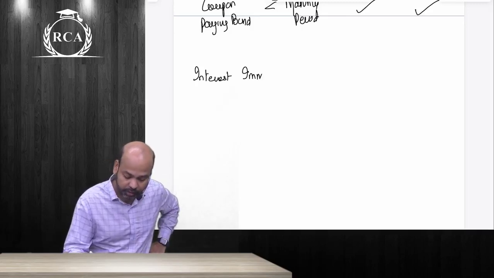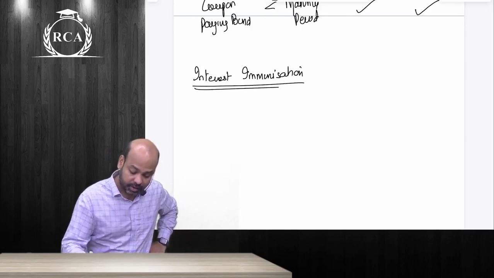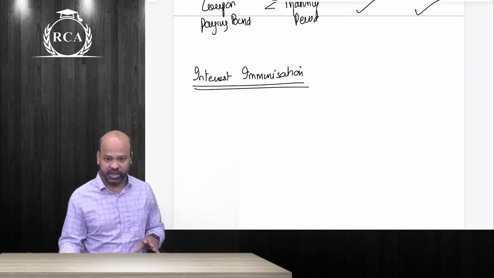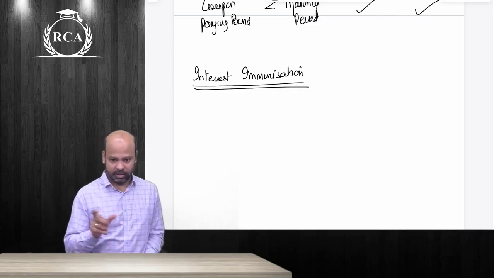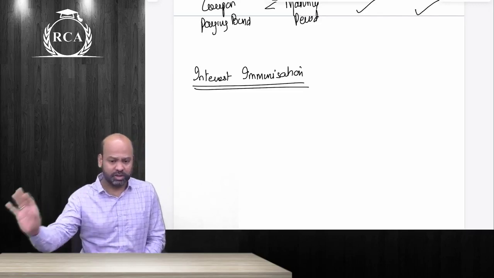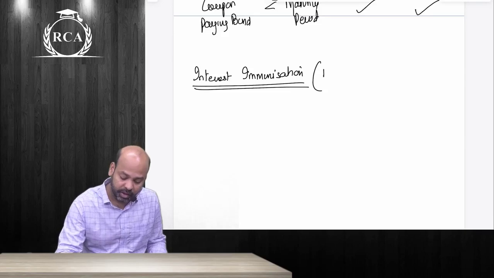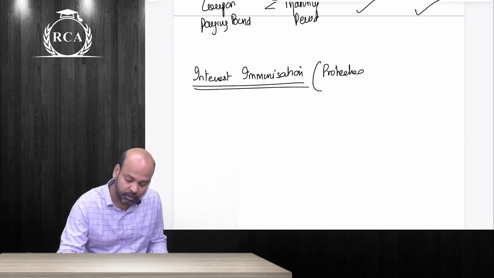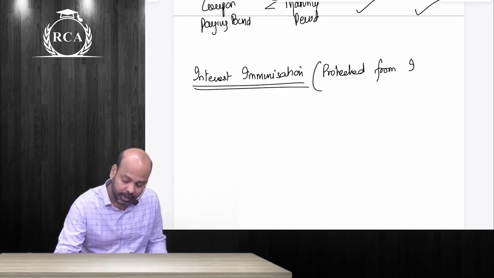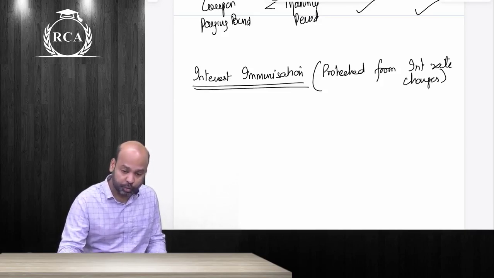Interest immunization. When they say interest immunization, guys, it is immunization from interest rate changes. But they will not write the entire thing. That is why the concept is still called interest immunization. So basically you'll be protected from interest rate changes. So the two possibilities are what?